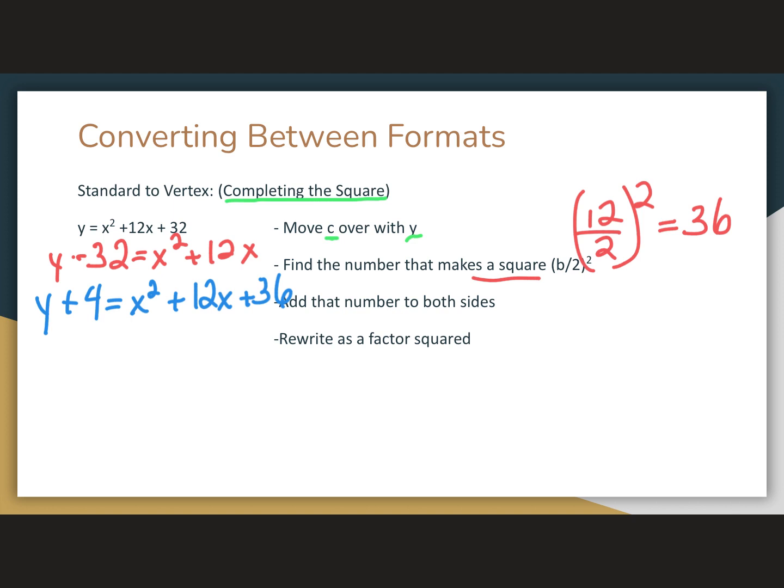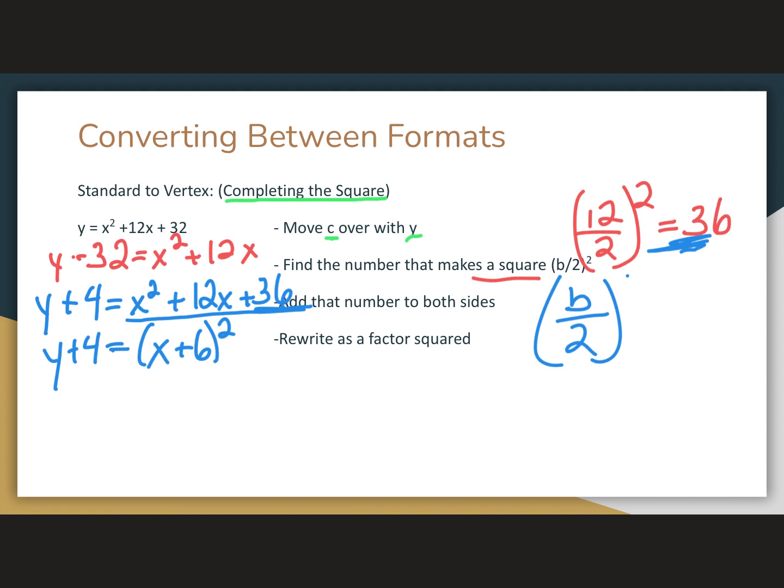Now I know that x squared plus 12x plus 36 can be rewritten as x plus 6 squared. So if I have x plus 6 squared, because the factors of 36 that add to 12 are 6 and 6, which is what we found by doing this over here, the b divided by 2 squared.